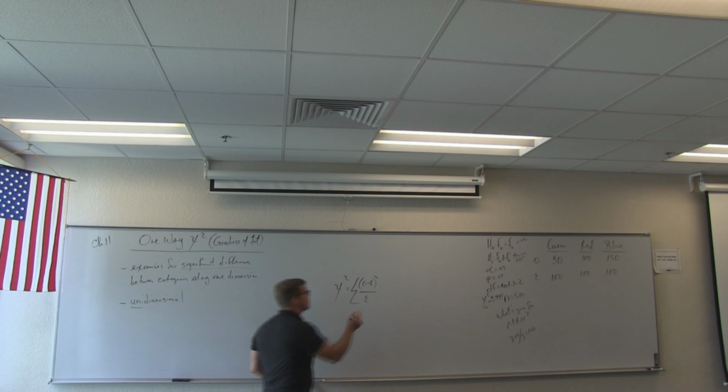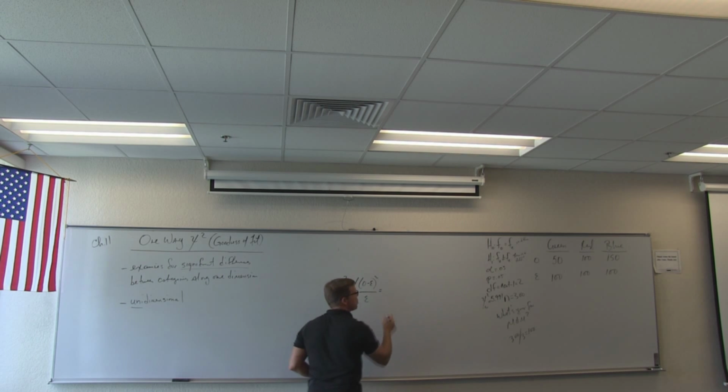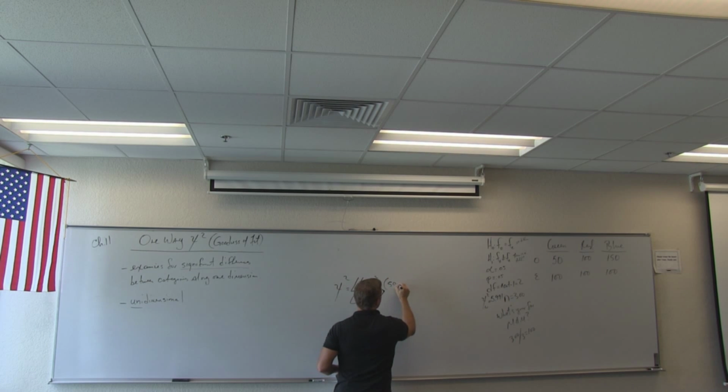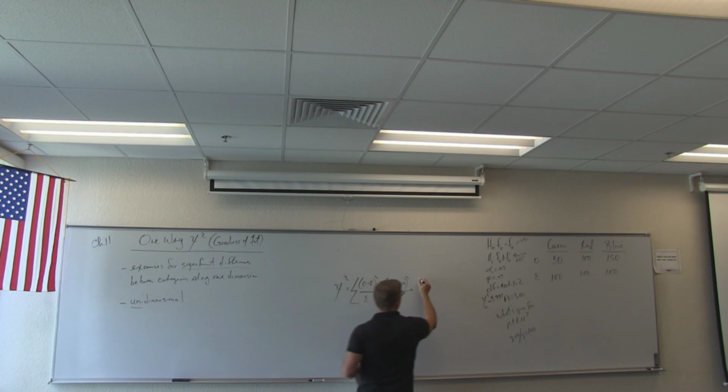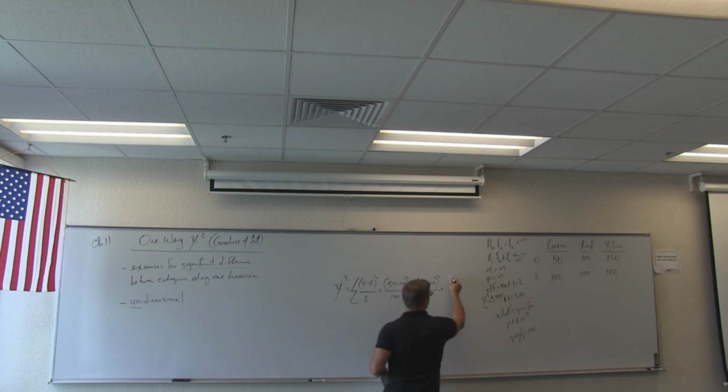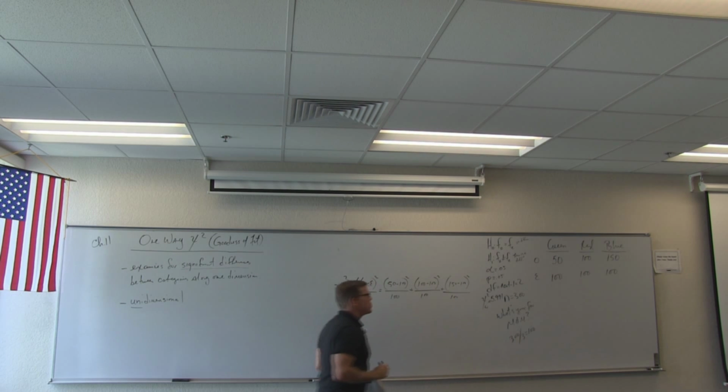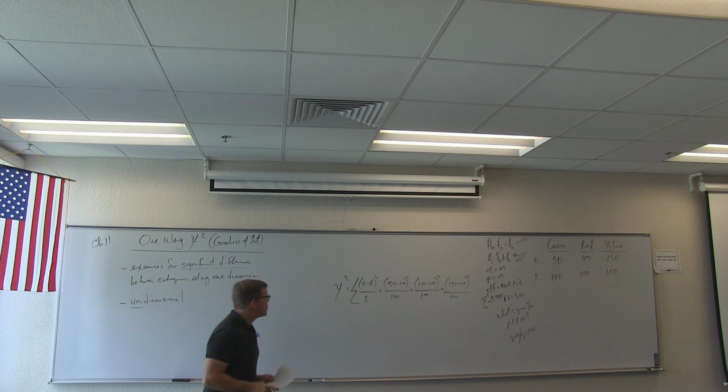Let's see how this works. O minus E squared over E. We'll start with green: 50 minus 100 squared over 100, plus red, 100 minus 100 squared over 100, plus blue, 150 minus 100 squared over 100.